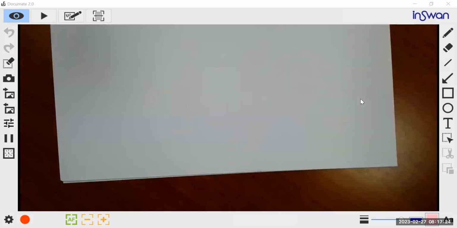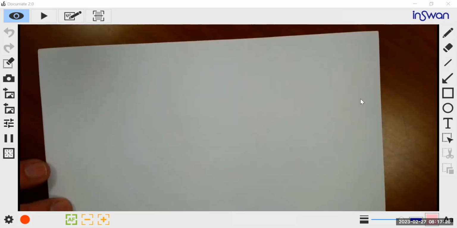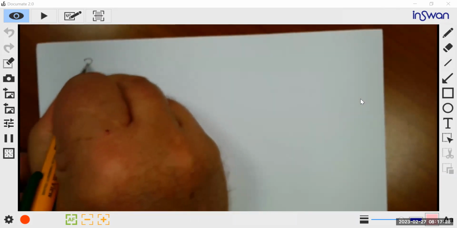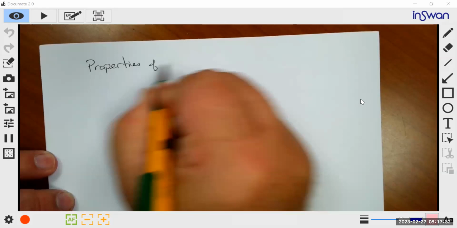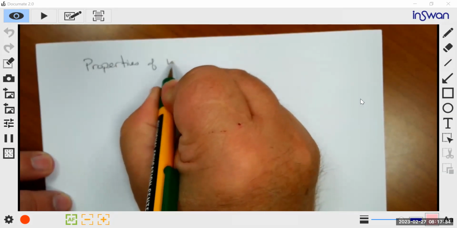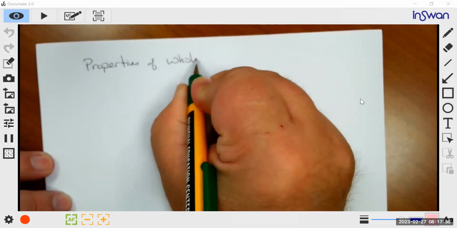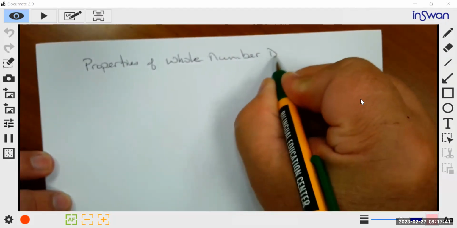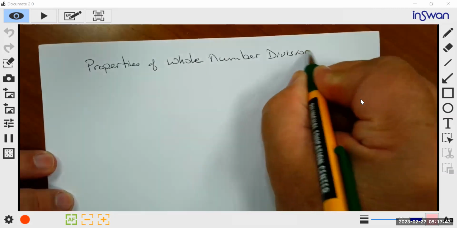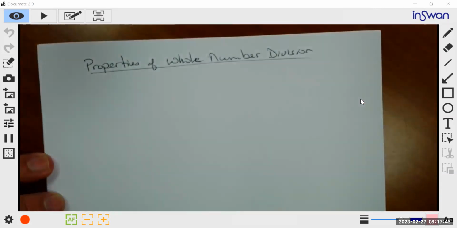All right, let's look at the properties of whole number division, or division by whole numbers.